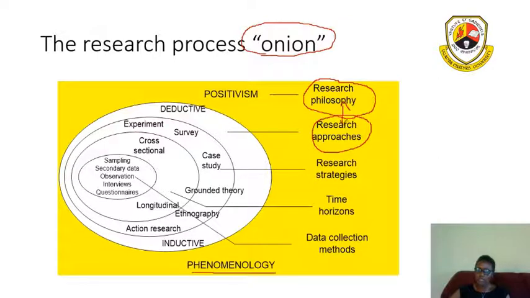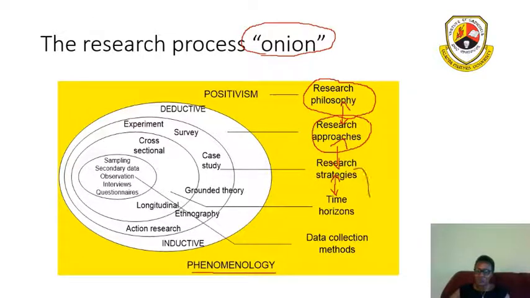Once you identify your philosophy, how you're going to approach it, how you're going to tackle this, the view that you're going to use, then you decide on your approach. The approach then determines the strategy or the method that you use. The method also then determines the time it will take to carry out your research.